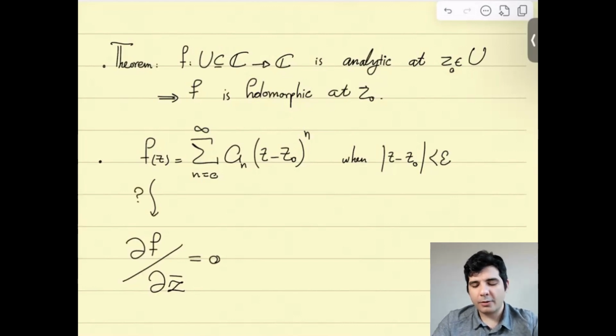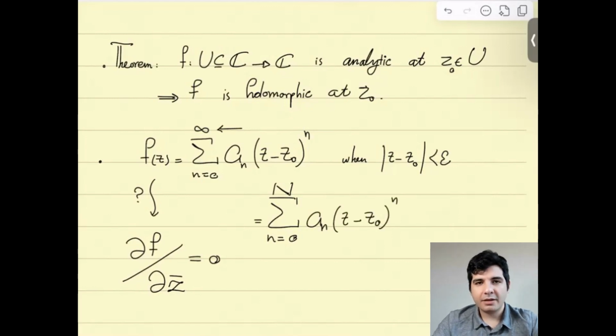So what we do know is that if we define partial sums, let's say we look at these sums that define f, but don't go to infinity, just go up to some large number n, for any natural number n, we get some functions. Let's denote this with S n of z.